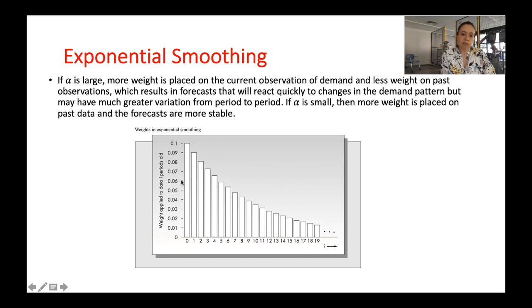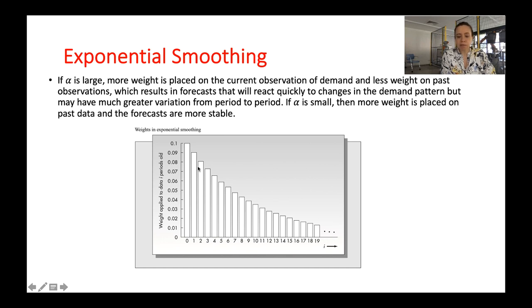And as I mentioned before, when we increase the alpha value, it means that we give more weight to our recent observations. But if we decrease the alpha value, we also give importance to the past observations.